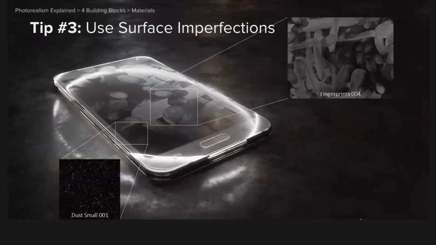These are the 3 most important tips with materials. You must use materials as in real life, and you must know how they look in real life. It's the key for this part.